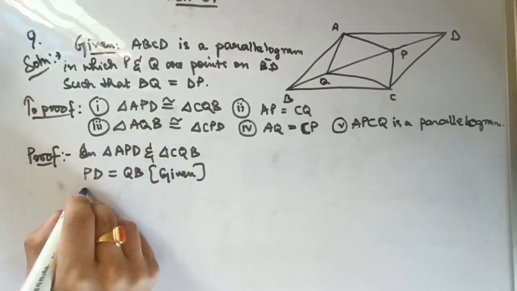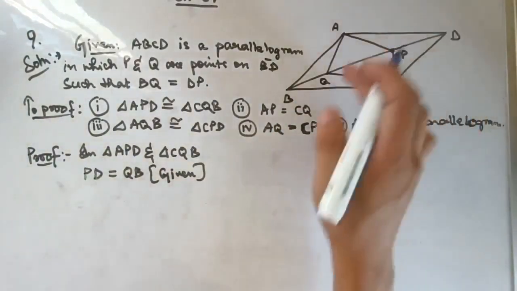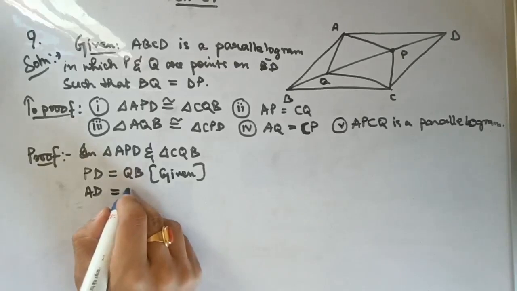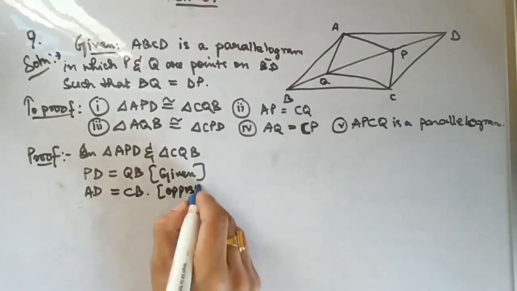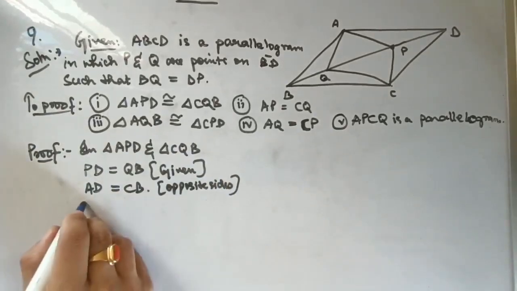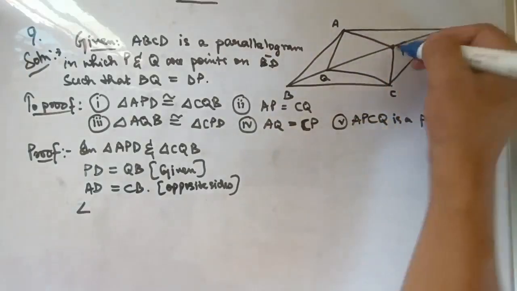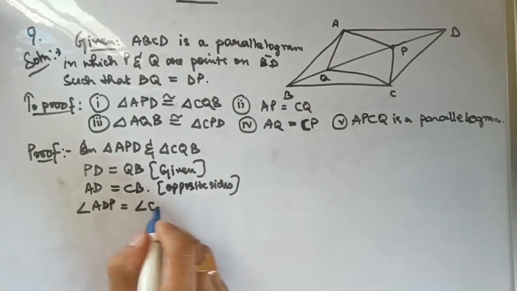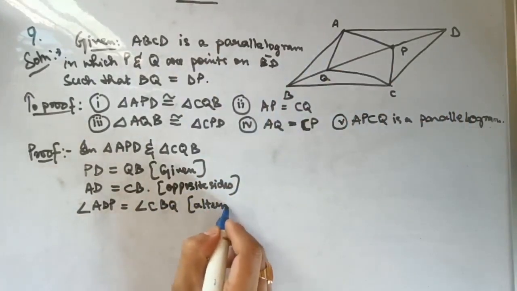And then side AD is equal to side CB. That is, these are the opposite sides of the parallelogram. And then angle ADP is equal to angle CBQ. These are the alternate angles.